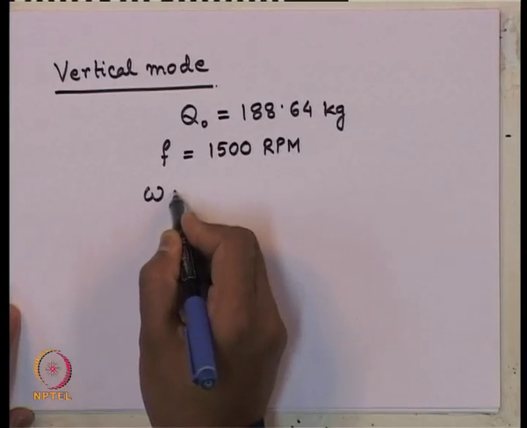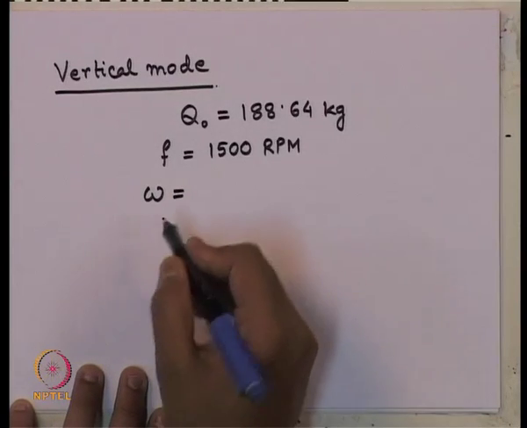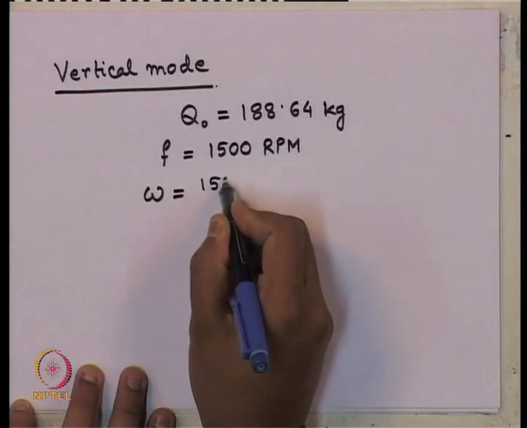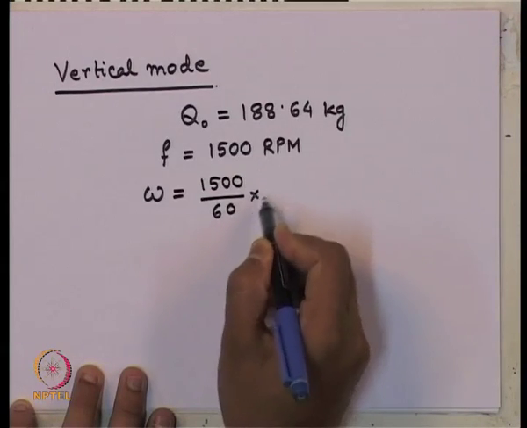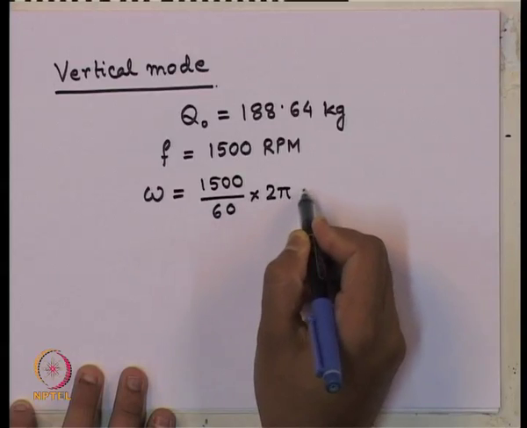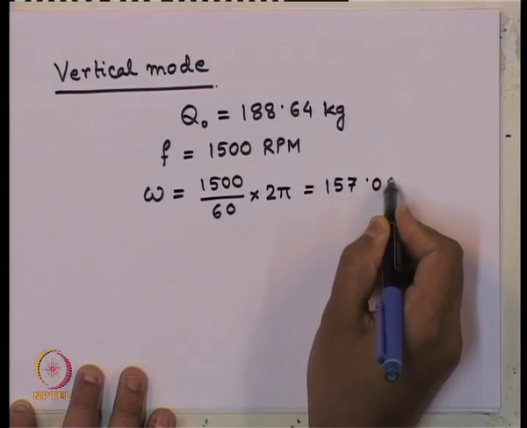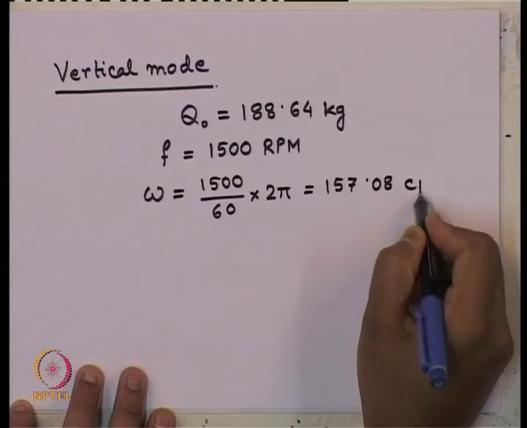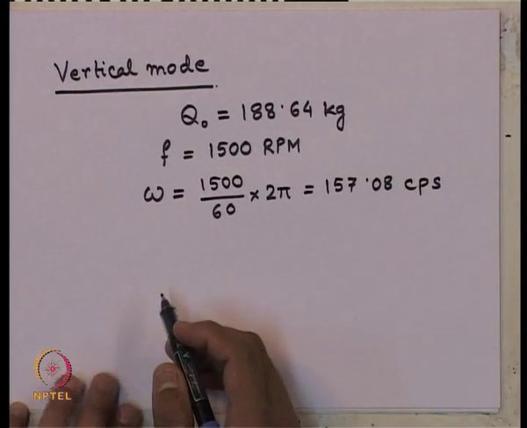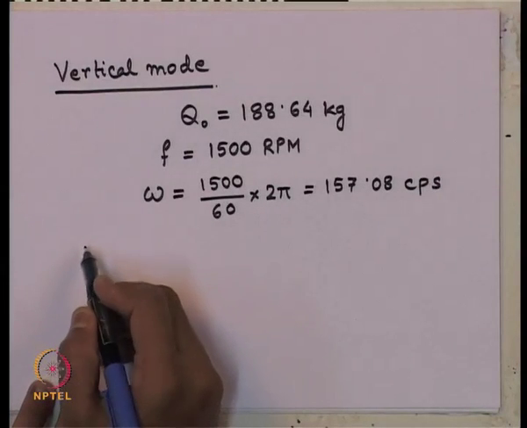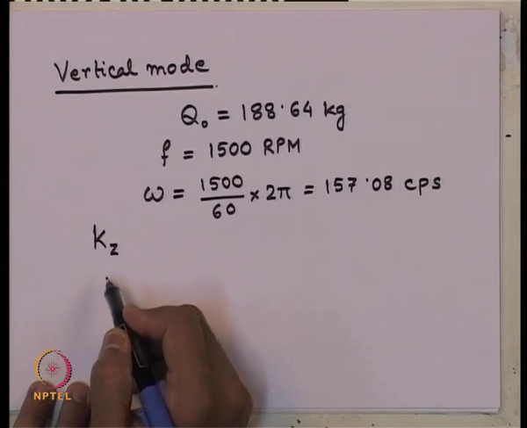Hence, if we find out in terms of circular frequency, omega will come about 1500 by 60 into 2 pi, so 157.08 cycles per second. Now, in case of vertical mode of vibration, what is the expression to compute stiffness Kz?